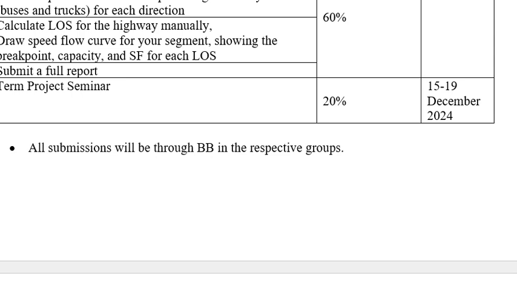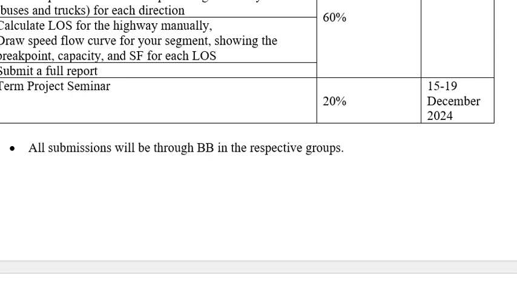You have to select the segment as I mentioned. A segment is both directions, between two intersections. So if your segment is 2 kilometers long, it's your segment, done.